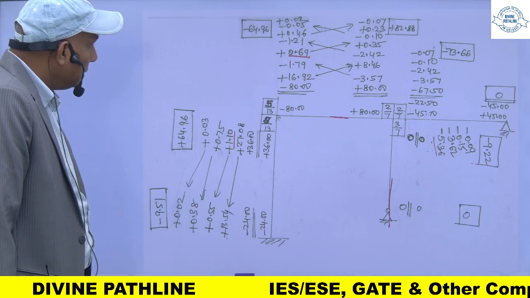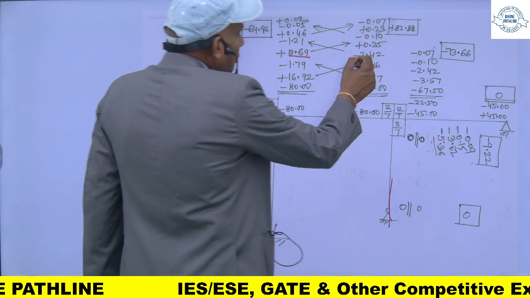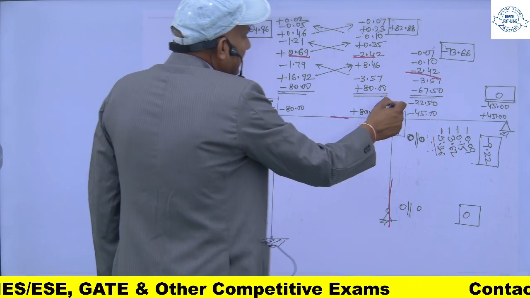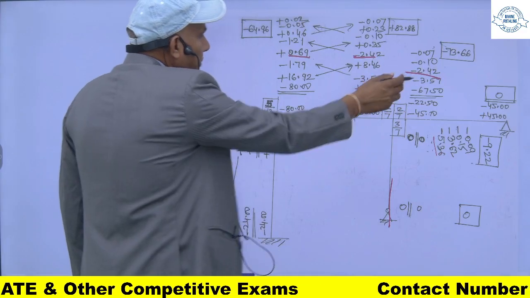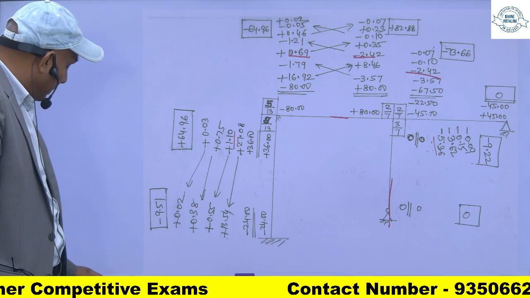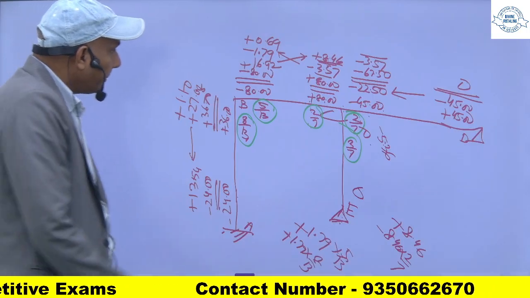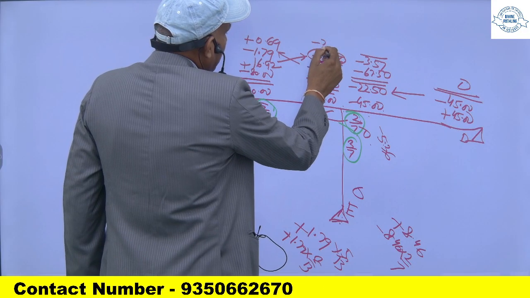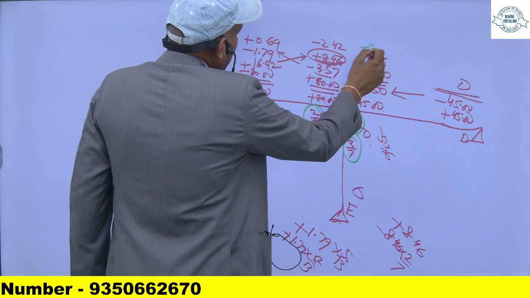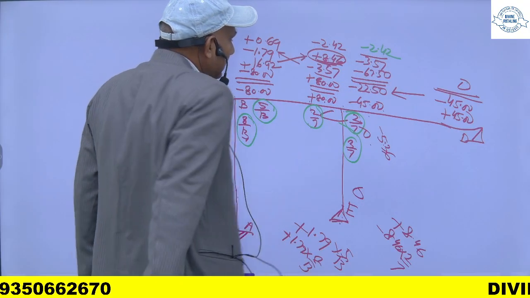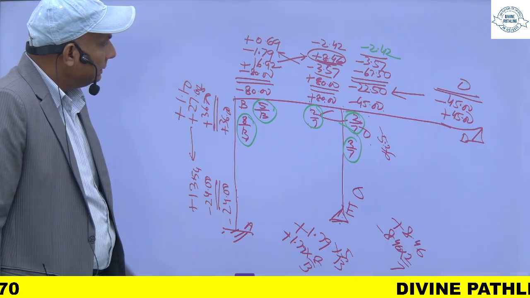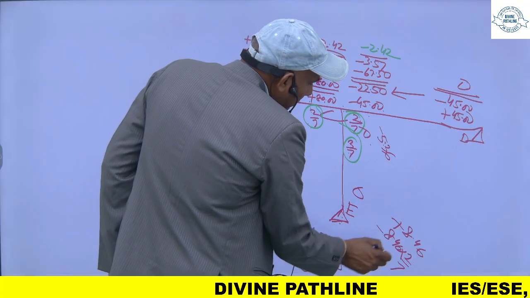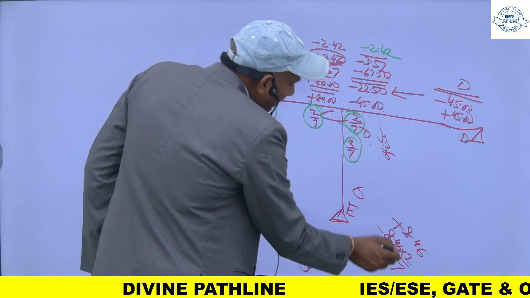So you will get minus 2.42. And for this member also, since the distribution factor is the same, minus 2.42 and minus 2.42. So for this, minus 2.42, minus 2.42, and for this member it will be 3/7.